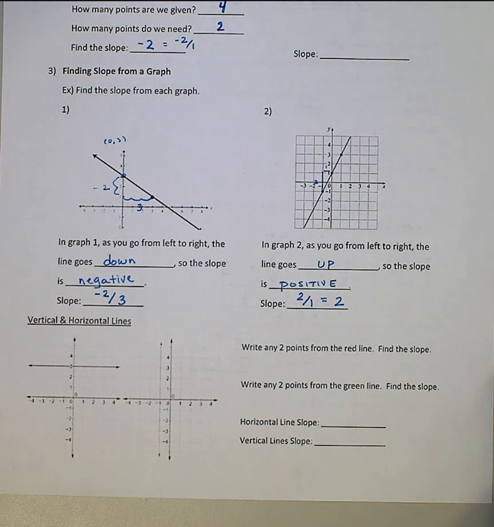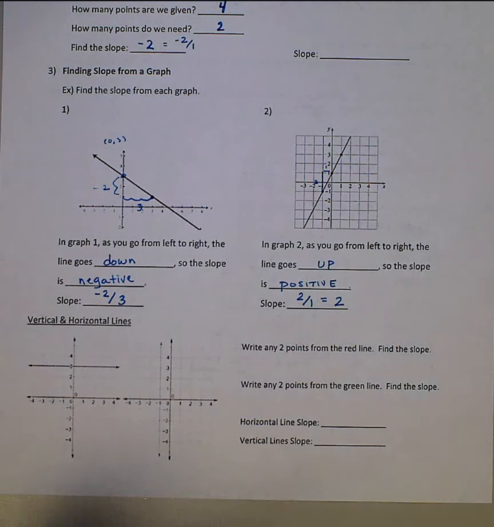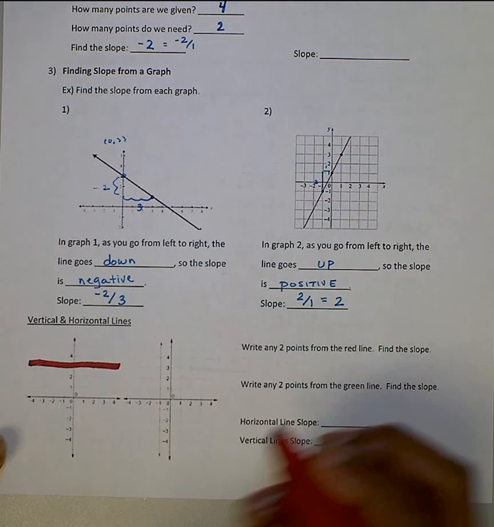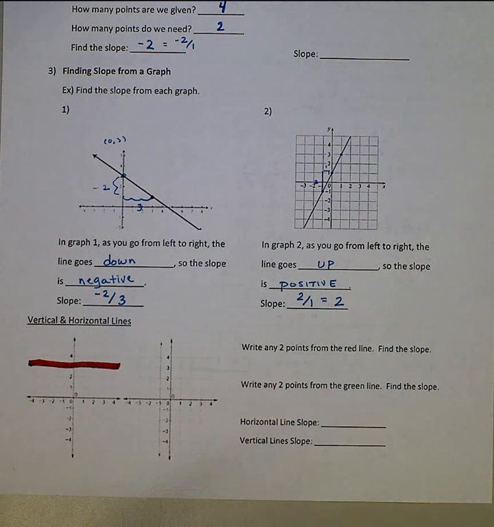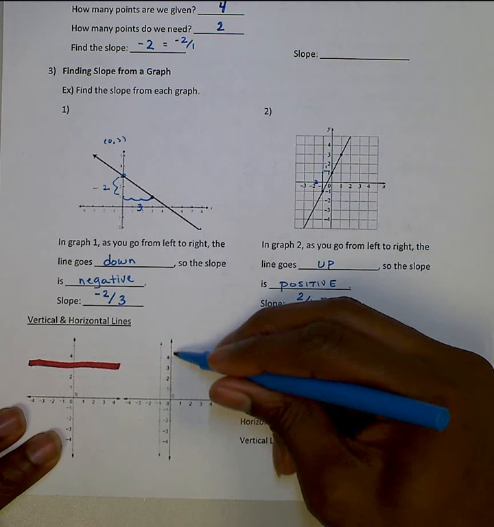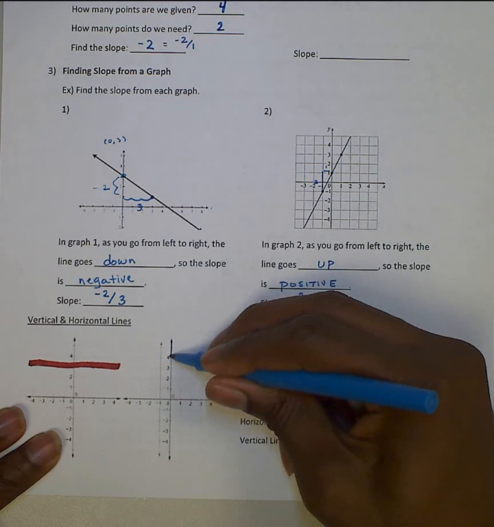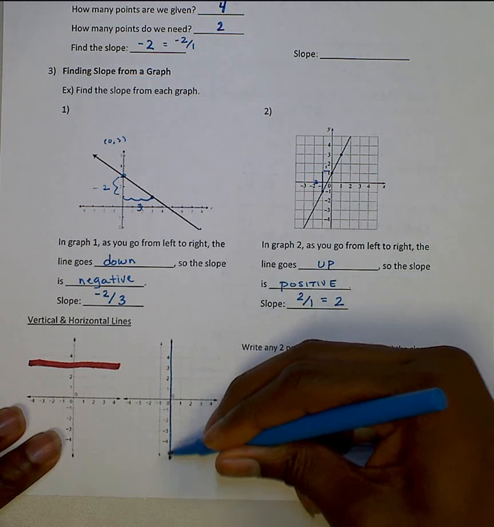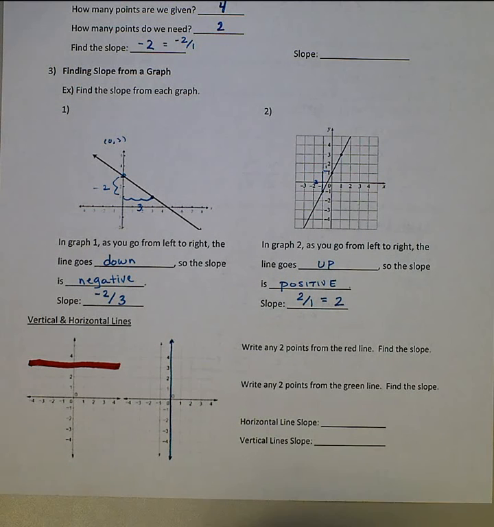All right. I did not print these out in color, but I will say that this is the red line, and that this is the blue line, or green line. All right, so we're going to pick any 2 points from the red line.